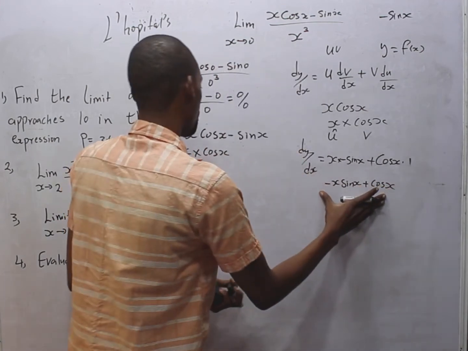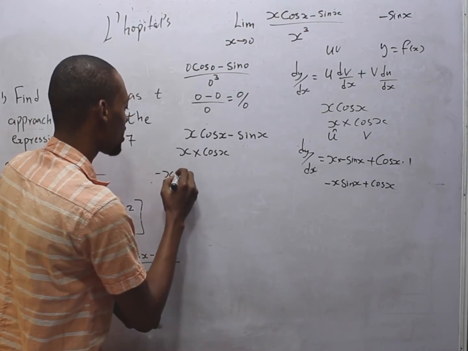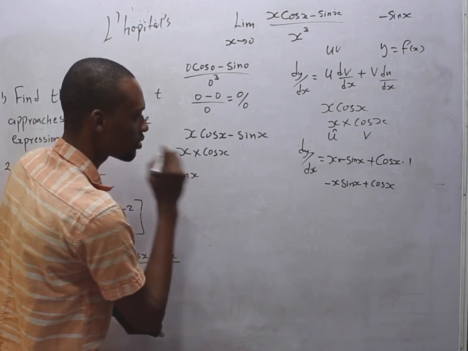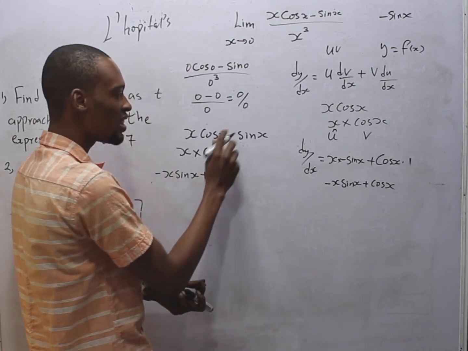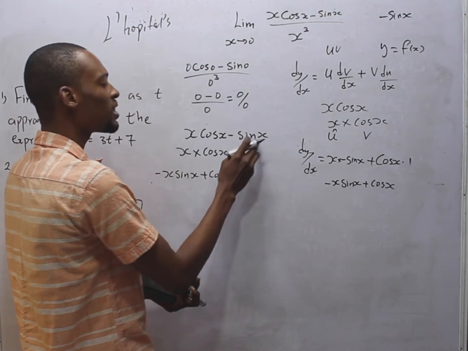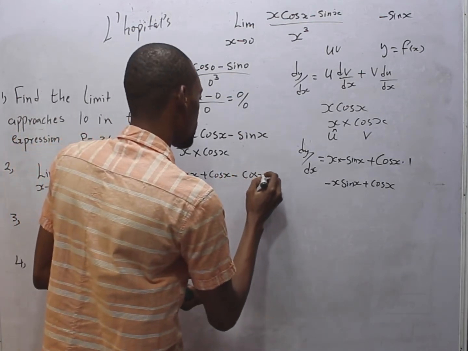So this answer is just for s cos s. So s cos s gives minus s sin s plus cos s, with the minus still here. How about when we differentiate sin s? We get cos s, so this is cos s.